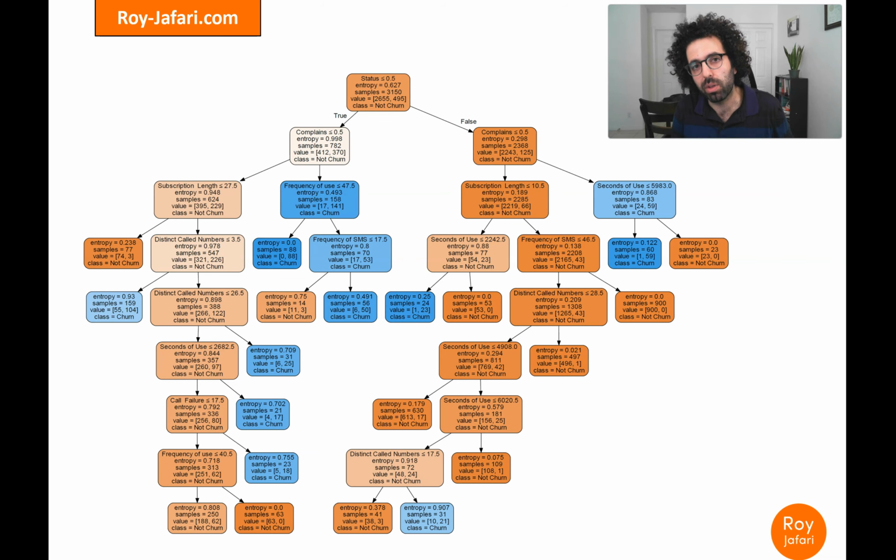Is it just about the ones that are coming at the top, the ones at the root that divide the data first, for example status and complaints, or is it about the number of times an attribute is shown on the tree? This visual aspect doesn't really help us to have a ranking between these attributes. Not only that, we don't really know which ones we should keep if we were going to use decision tree for the task of dimension reduction for other algorithms.